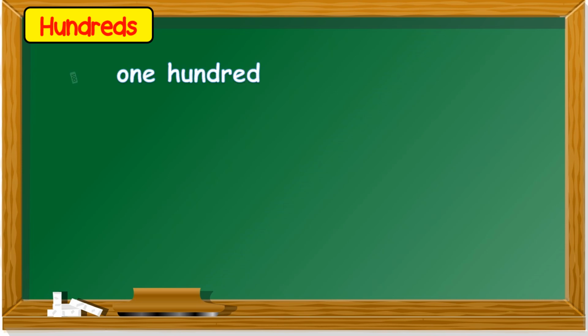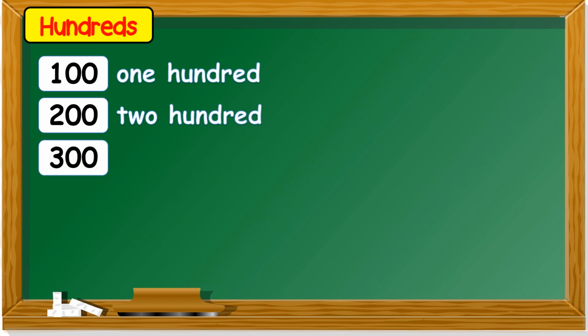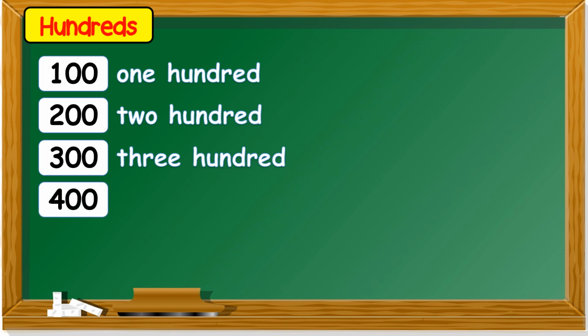I'm going to introduce you to a new place value called hundreds. Hundreds. This is 100. This one, 200. This, 300. 400.